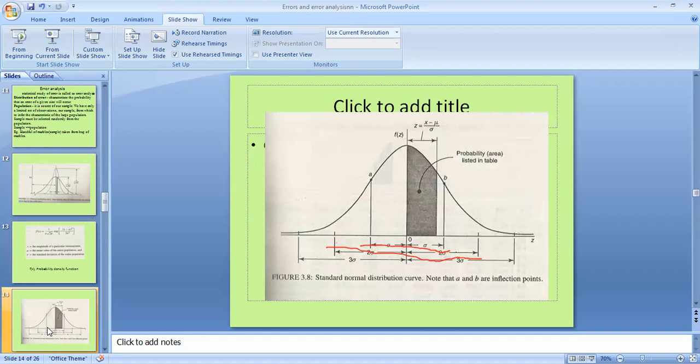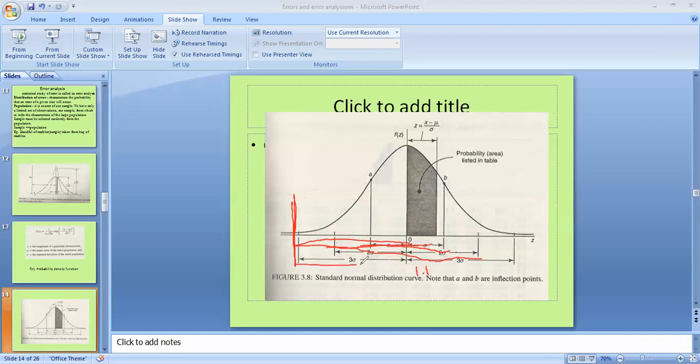I have already given the Z tables. The Z table I have given measures from the left hand side. Suppose Z is 1.1.